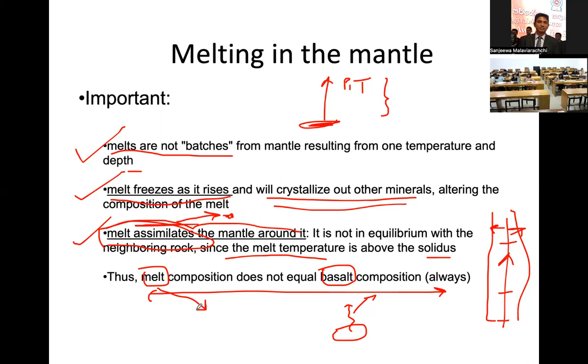It may even be a granite at the end. It starts with basalt, but finally it will come to the surface as a granite. Such possibilities can also be there. So originally it is totally mafic, but finally it's totally felsic, right? So a lot of changes like this can happen.